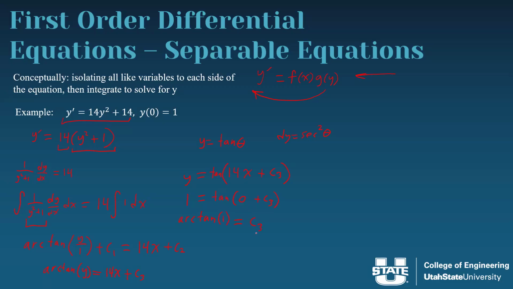Now we can substitute arctangent of 1 in place of c3 in our original solution, and we'll have it in the form y is equal to tangent of (14x plus arctangent of 1).